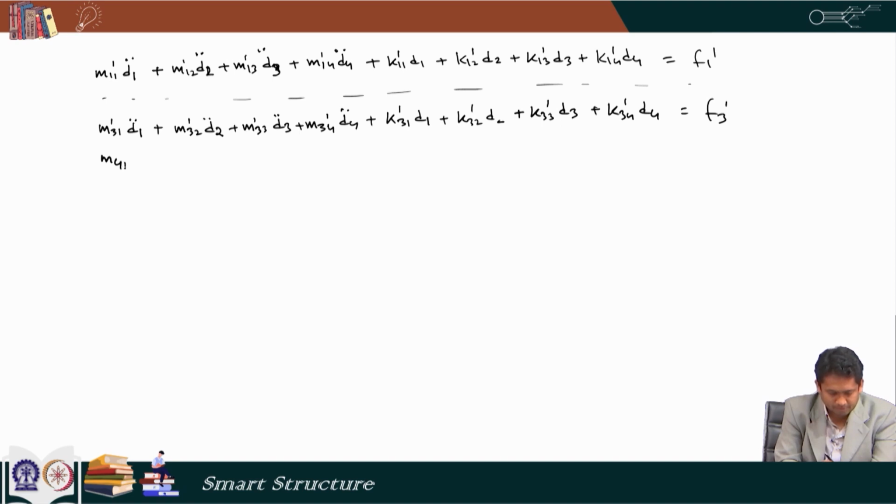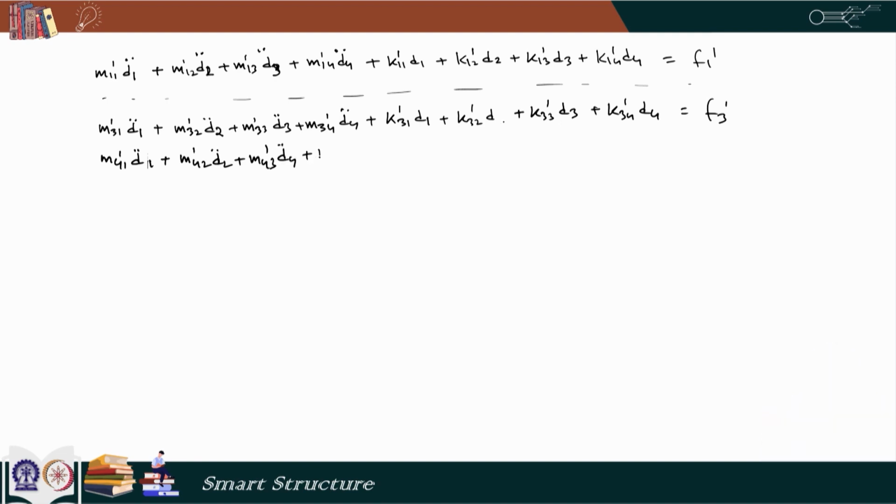And similarly, M41 D1 double dot, M42 D2 double dot plus M43 of 1 D3 double dot plus M44 of 1 D4 double dot, and then we have K41 D1 and then we have K42 of 1 D2 plus K43 of 1 D3 plus K44 of 1 D4 is equal to F4.